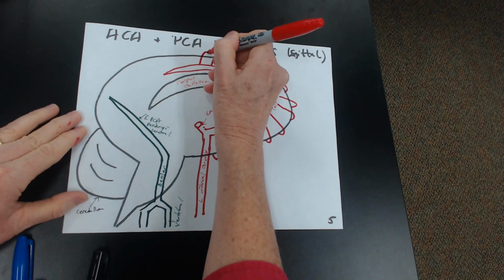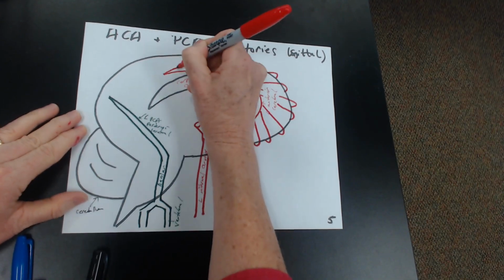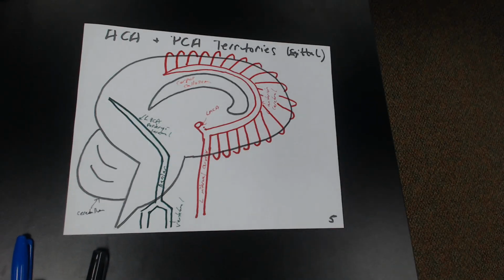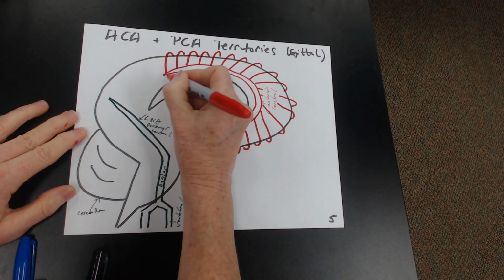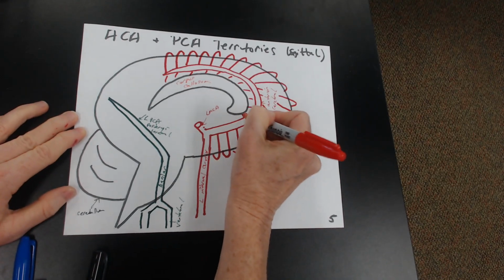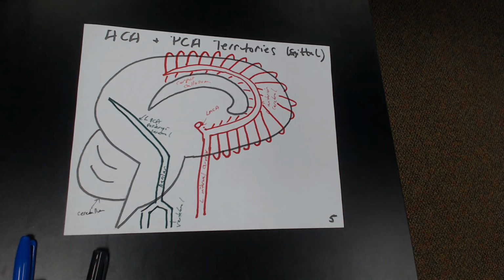So all this plus a little flip to the outside, just like that. So you've got this in here as well. That's all ACA, or anterior cerebral artery, territory. Questions?